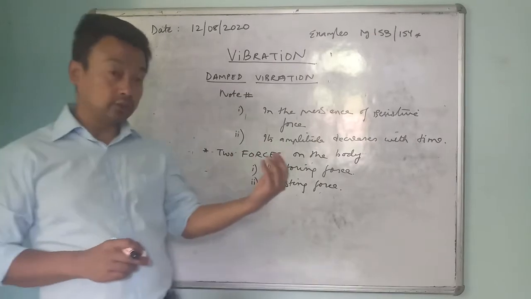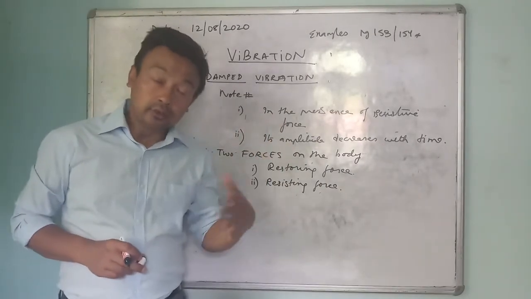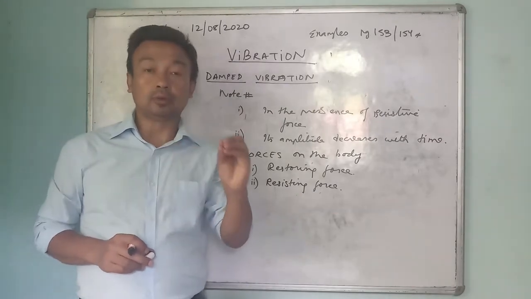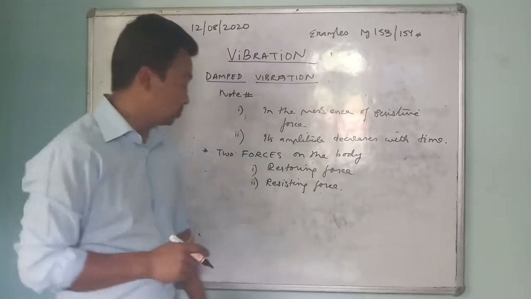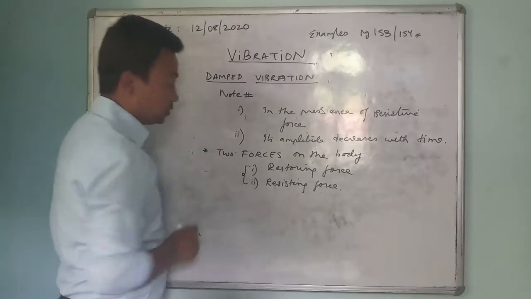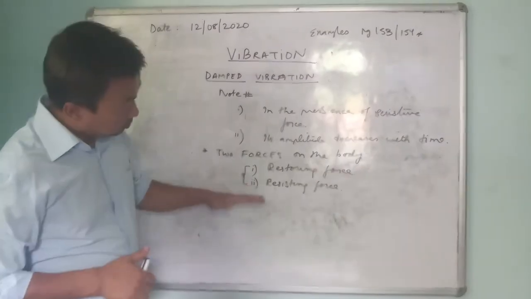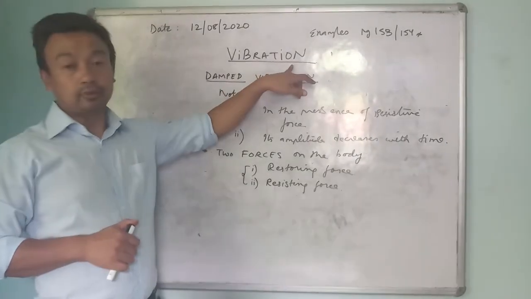And that resistive force will decrease the amplitude, and slowly with given time the body comes to a standstill. So these are the two forces that act on a body when it is producing a damped vibration.